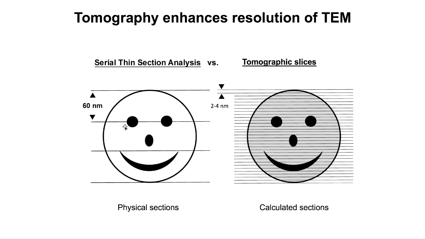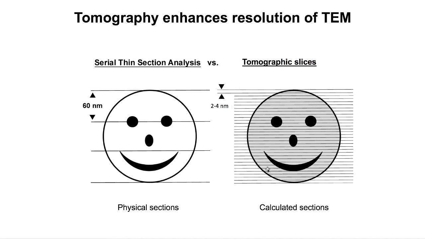Suppose you have a smiling face in a 180 nanometer thin section, and you get a very good diamond knife and physically cut it into 60 nanometer sections. Physically, you get 3 slices. But if you put this 180 nanometer smiling face into a tomography microscope and cut it into 2 to 4 nanometer slices, you get far more slices.